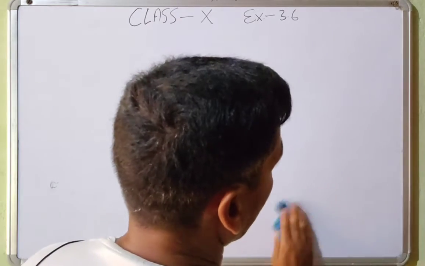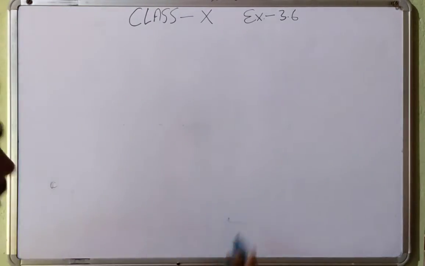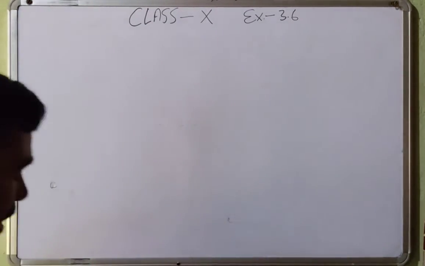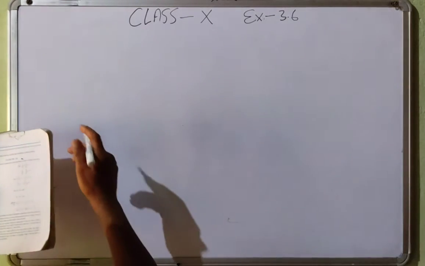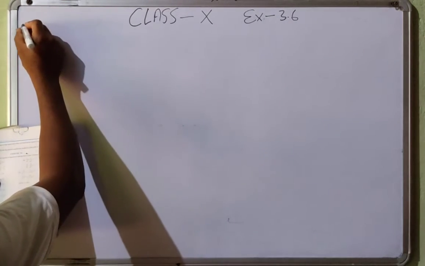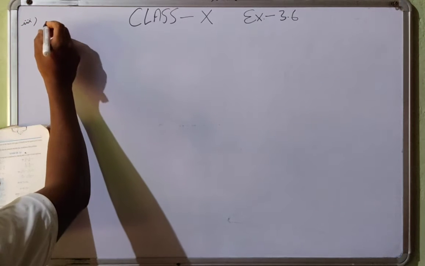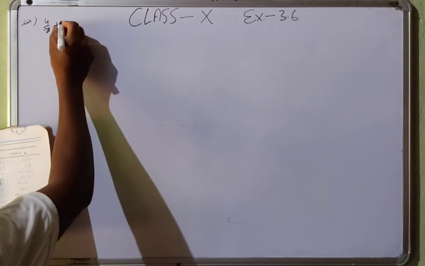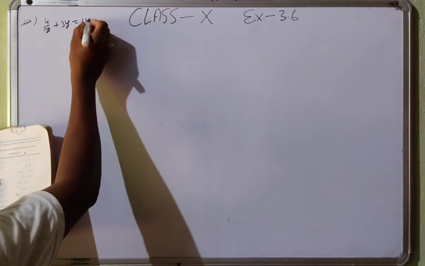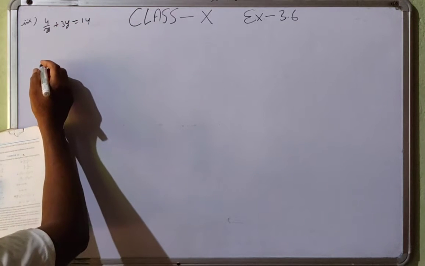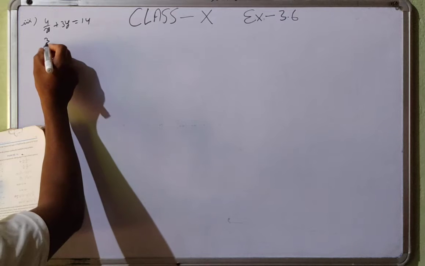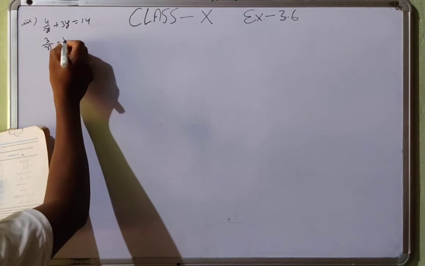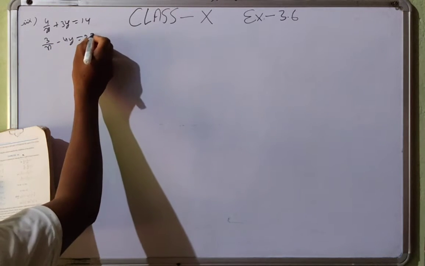So I am telling, one variable is given in the numerator place and one variable is given in the denominator place. So that will be 4 upon x plus 3y is equal to 14, and then 3 upon x minus 4 upon y is equal to 23.